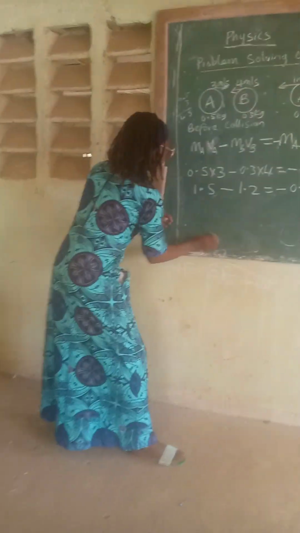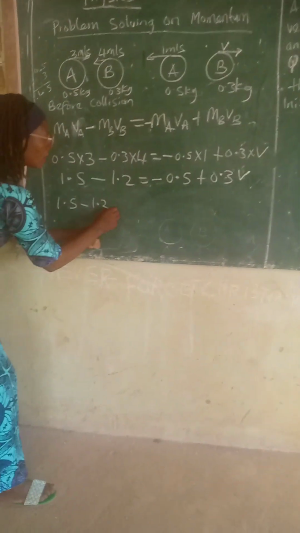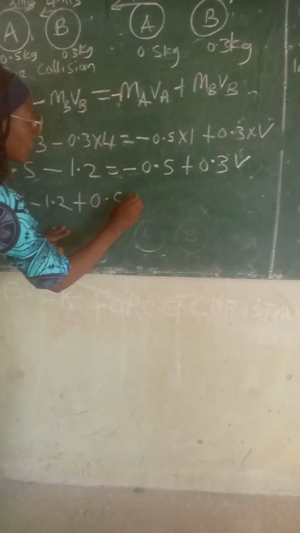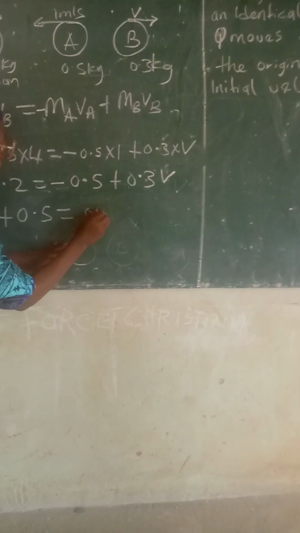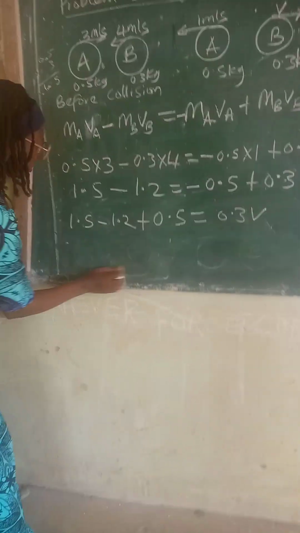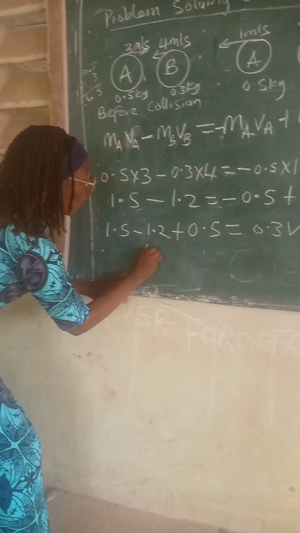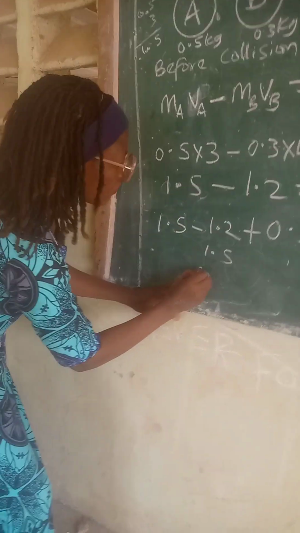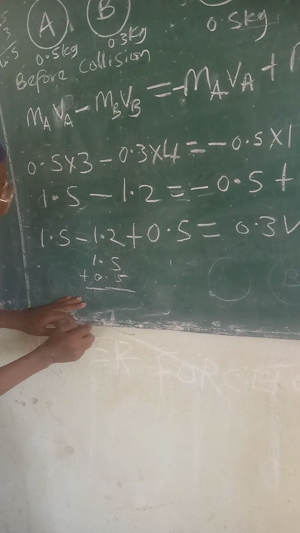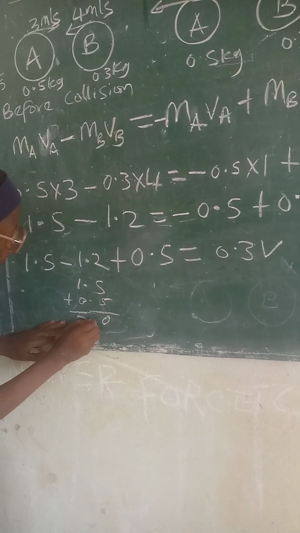Let's collect like terms. So we have 1.5 minus 1.2. You bring this one here, it becomes positive. We have plus 0.5 is equal to 0.3V. So let's sum. I'm going to use the easy way out. So 1.5 plus 0.5: 5 plus 5 gives 10, write 0, carry 1, add it to this, will give me 2.0.